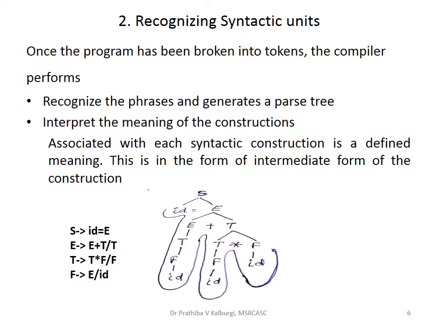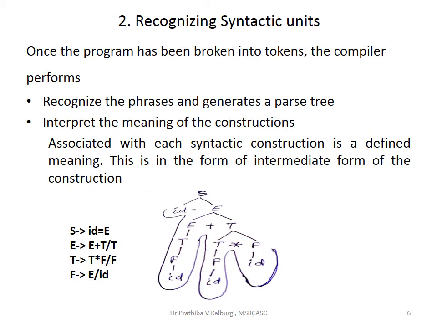So coming to the syntactic analysis, how exactly is the syntactic analyzer going to perform the operation here? This is nothing but the second phase of the compiler, wherein once the program is broken into tokens during the lexical analysis phase, it is sent to the parsing or syntactic analyzer.